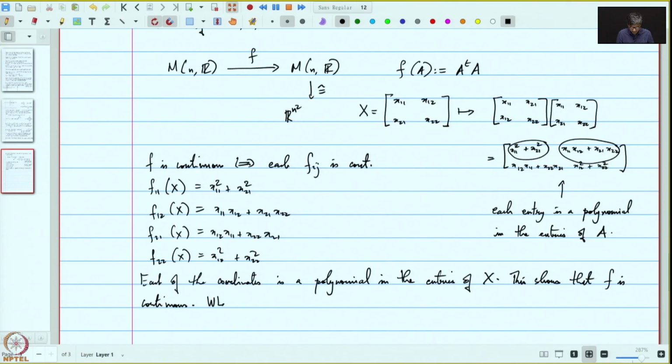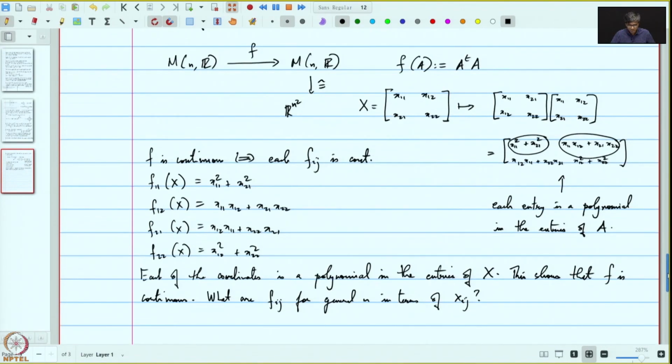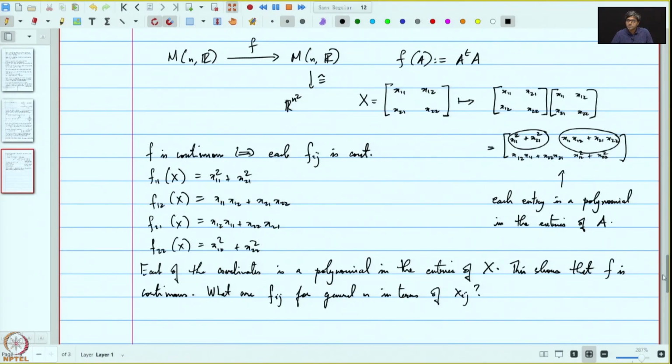So what are Fij for general n in terms of Xij? So this is an easy exercise. So you can just write this down. In any case, this shows that F is continuous in general. So F is from MNR to MNR and it is continuous.